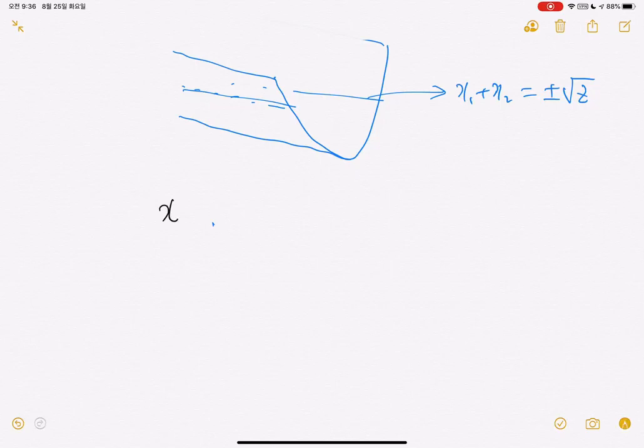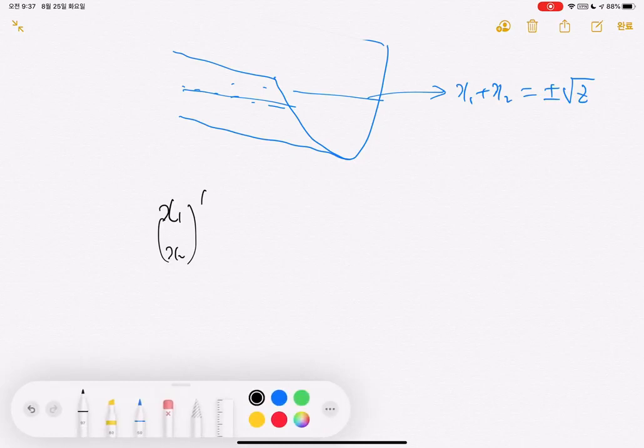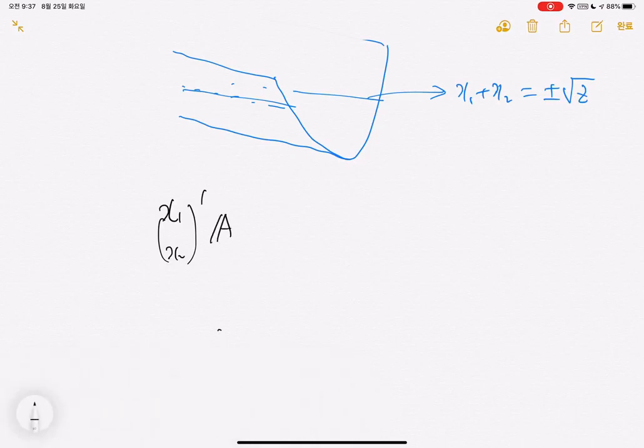So here now x1, x2 prime and a positive definite matrix. Let's make a general positive definite matrix A and x1, x2. This is a quadratic form.